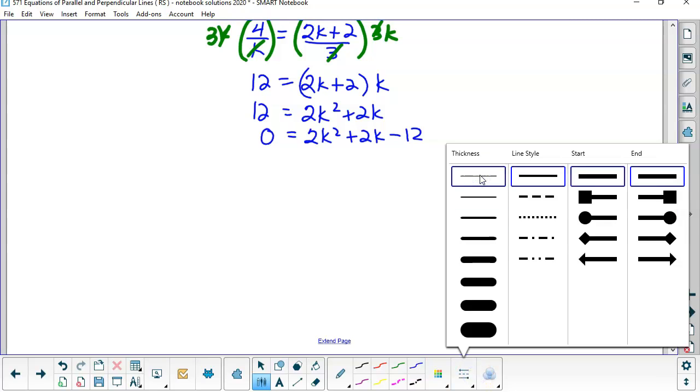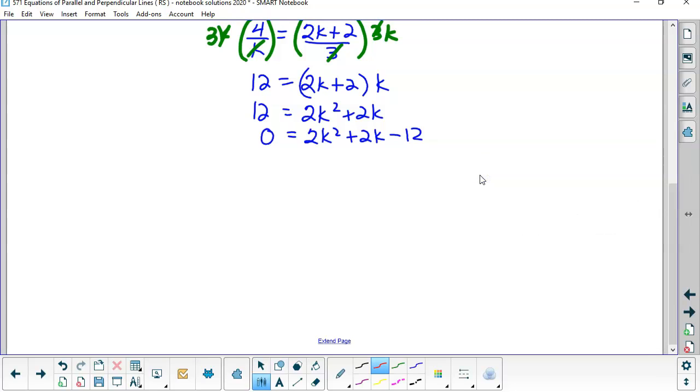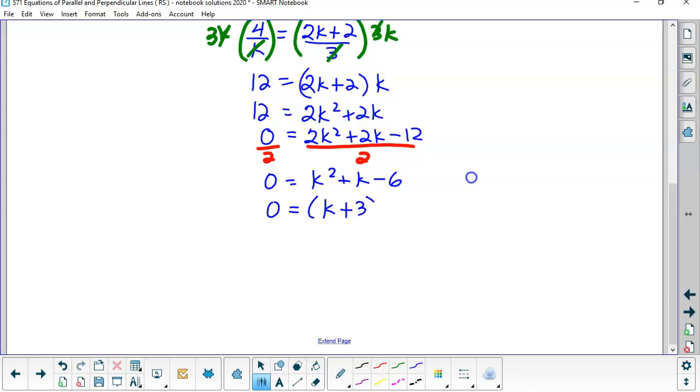Then we're going to divide. I notice that 2 goes into everything. So that's going to be 0 equals k squared plus k minus 6. Okay, and then factor it. So that's going to be k plus 3 times k minus 2. And so k equals negative 3 or positive 2.